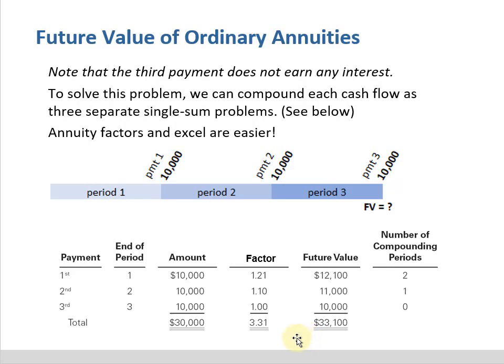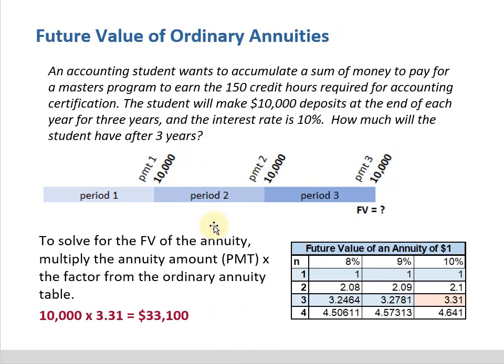If we didn't have equal payments, then this would be the way you would have to solve the problem, just doing separate future value computations and adding them up. But since it's an annuity, there are actually factors that take all of this into account for us. Excel, of course, can do the same thing.